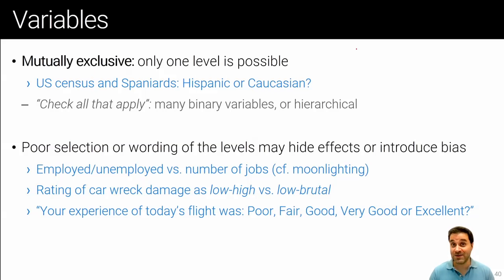So if we were to assign numbers to these levels, say poor is 1, fair is 2, etc., then sure, we're going to have a high number because most of the answers are positive and they have the high numbers. So in here, we're kind of already biasing the possible answers that the passengers can give us. We should ask very poor, poor, good, very good, etc.